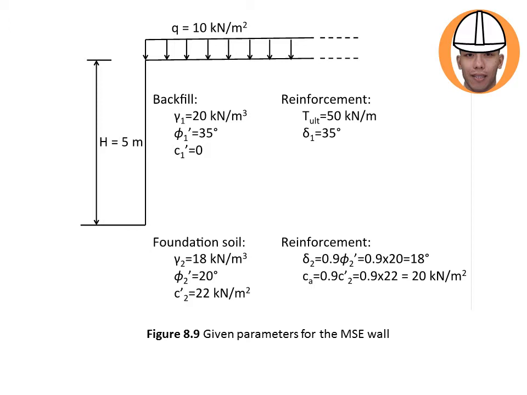Usually backfill is cohesionless. And your reinforcement, you have the strength, then the foundation soil. So you have unit weight, angle of friction, and normally foundation has cohesion. Okay, and that's it for reinforcement.